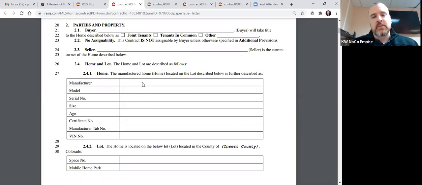Most manufactured homes will have either a HUD tag on it. A HUD tag looks like a little metal license plate kind of thing. And then they also have what are called data plates inside. And those data plates are typically posted, like if you open the cabinets underneath the kitchen sink, there's a big sticker, basically a piece of paper that's stuck to the inside of that cabinet. Sometimes it's in the master closet.